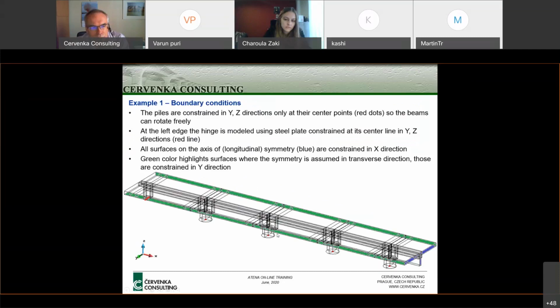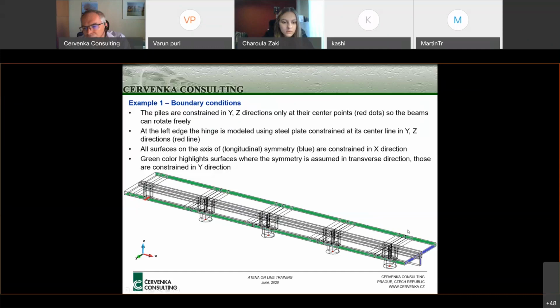This shows the boundary conditions that we are using in order to properly capture the simulation, these axis of symmetry conditions. We have to apply the symmetry conditions.